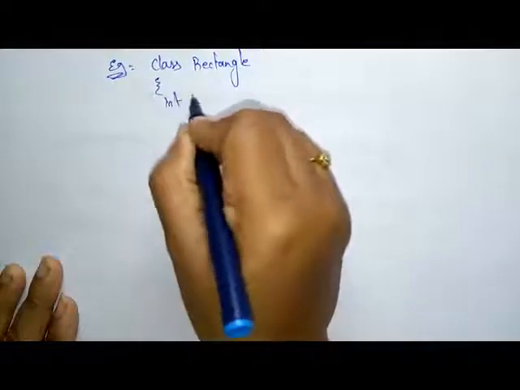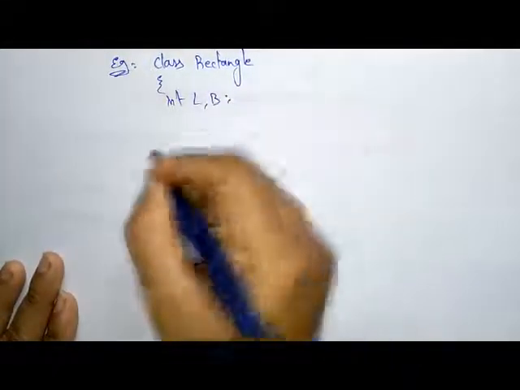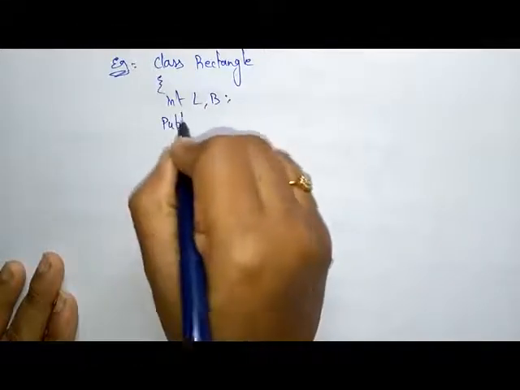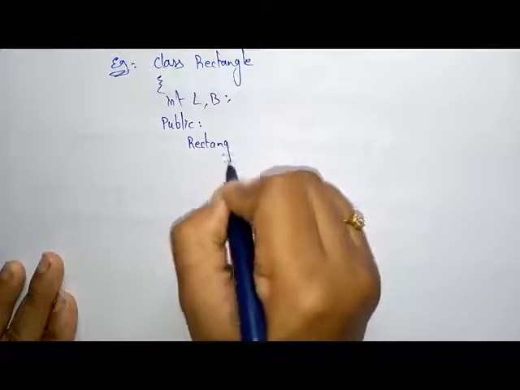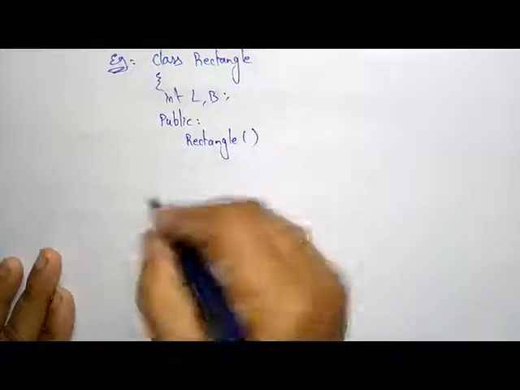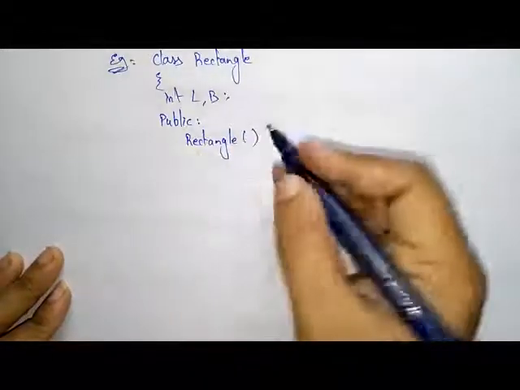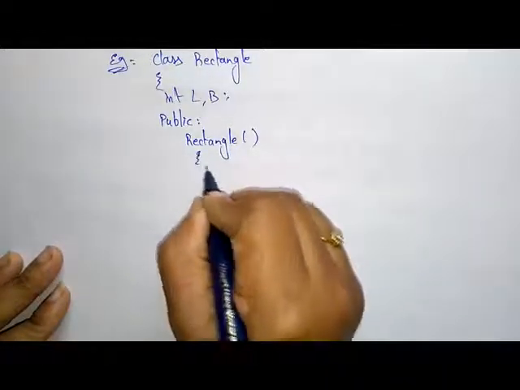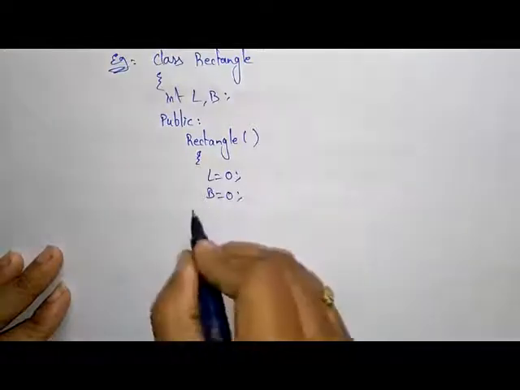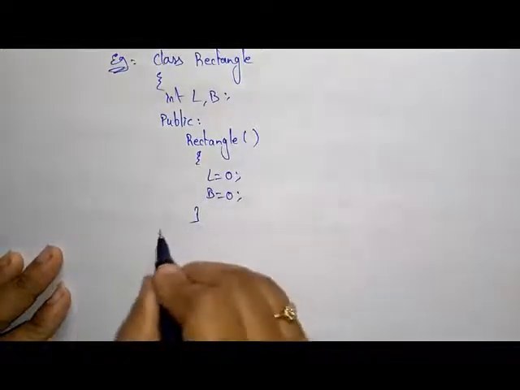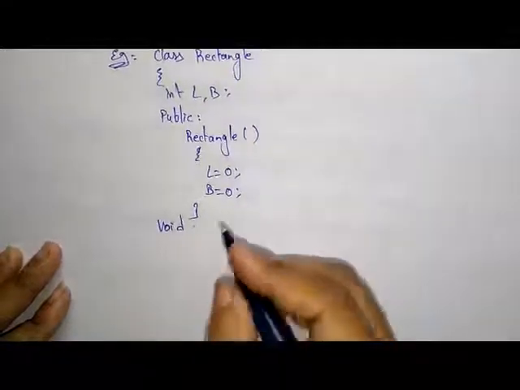I'm declaring the parameters int L, B, length and breadth. Public: Rectangle is the function. So this is a constructor. The constructor name is same as the class name. The function here is L = 0, B = 0. I declared it. Now in this same class I'm writing the operator overloading.